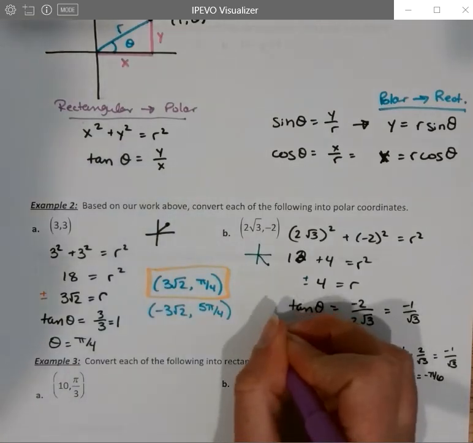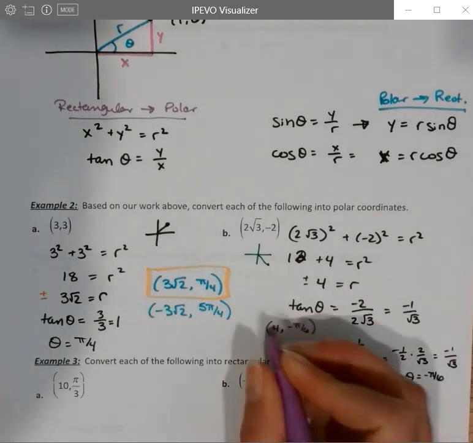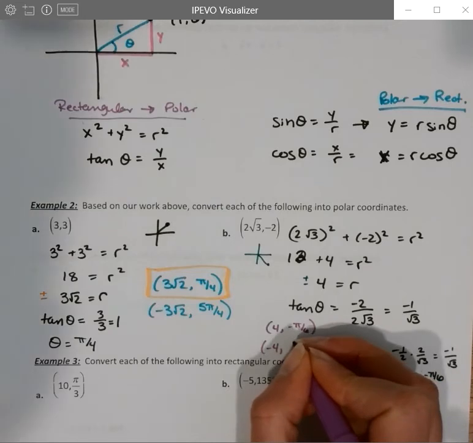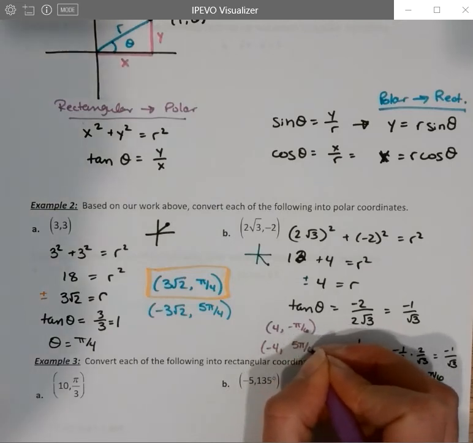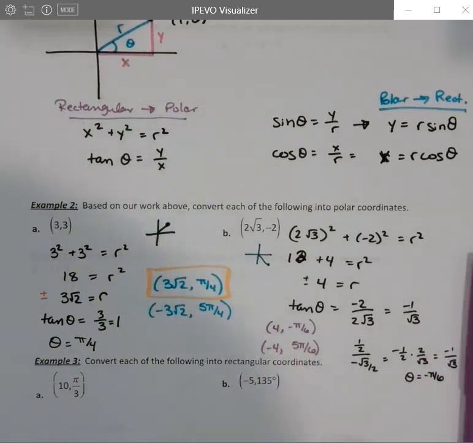So this one would be 4 comma negative pi sixths. Or we could have done negative 4 comma, and the angle in the other quadrant would have been 5 pi sixths. Okay, so again, 2 different ways of representing the angle, and since one of them is a negative, there's not necessarily a primary representation.